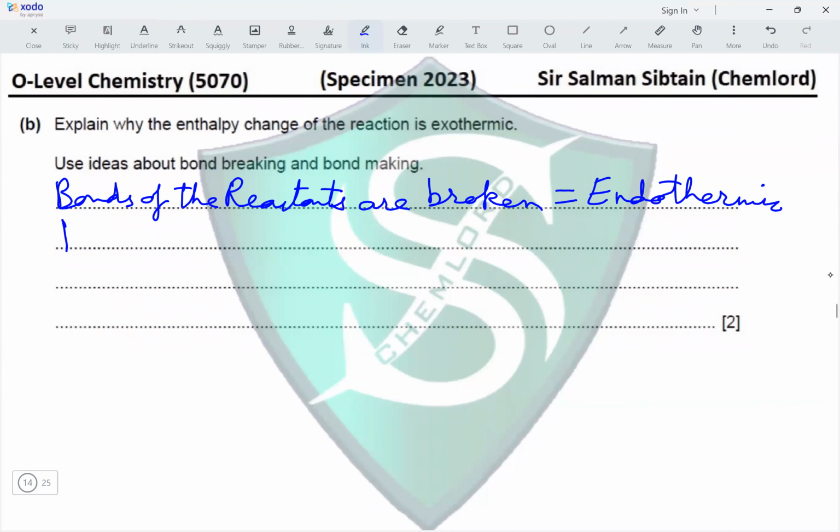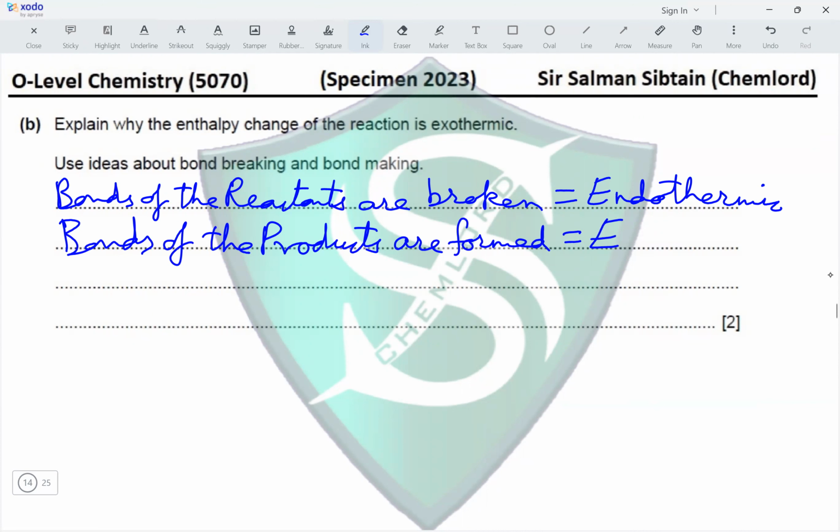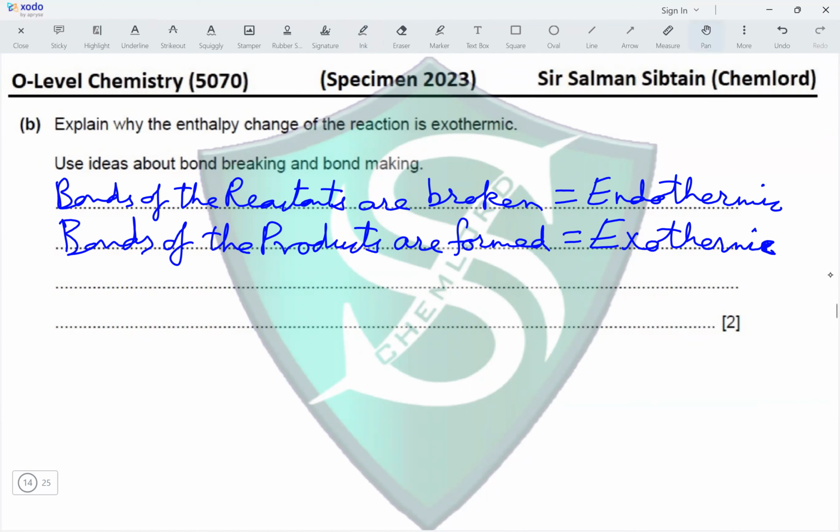We have bonds of the products being formed. This is an exothermic process because bond breaking requires energy and bond making releases energy. So bonds of the reactants are broken, so energy is required, and bonds of the products are formed, so energy is given off.